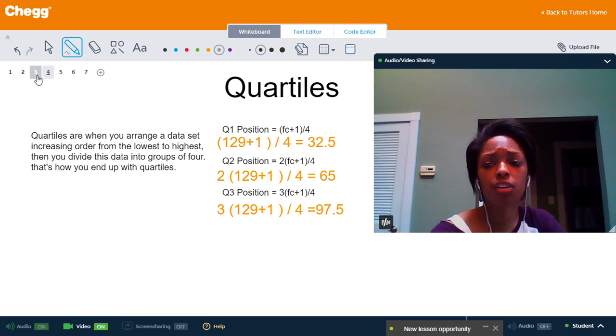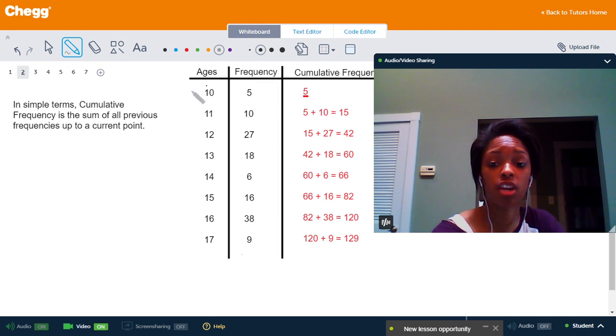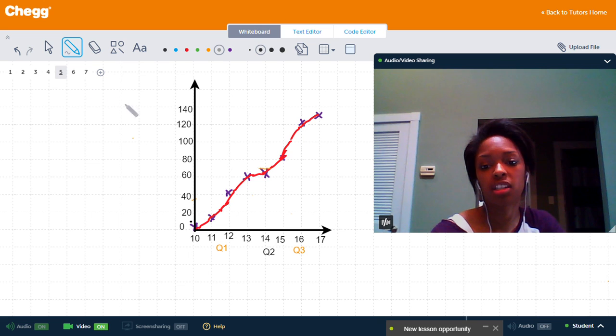Whenever you're drawing the quartiles, you want to make sure that you pay attention to these numbers, and you're going to have to figure out where on the chart it goes for the ungrouped data.